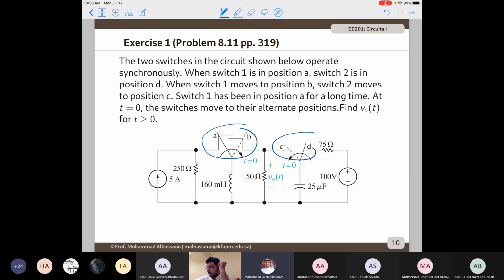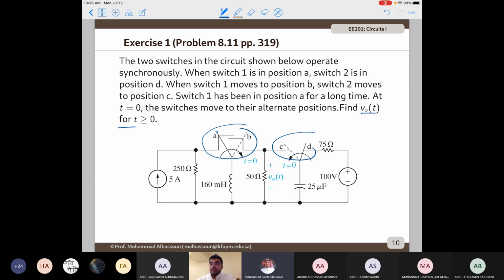And these two switches operate synchronously, meaning that when switch 1 is at position A, switch 2 is at position B. Then when switch 1 moves to position B, switch 2 moves to position C. Okay, let's see what happens. What we want to do is find the voltage across the resistor here for t greater than 0.